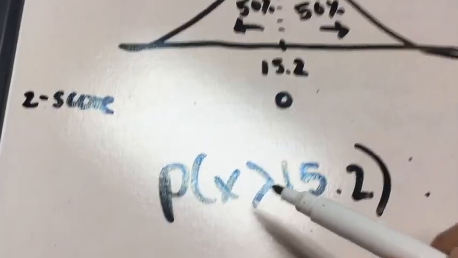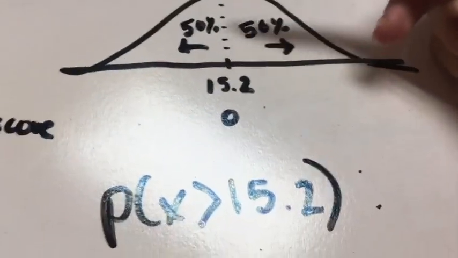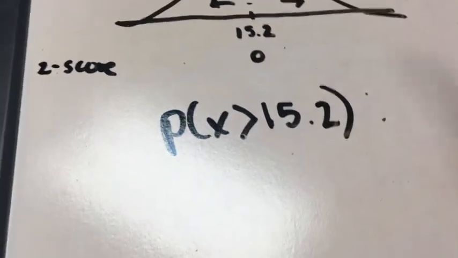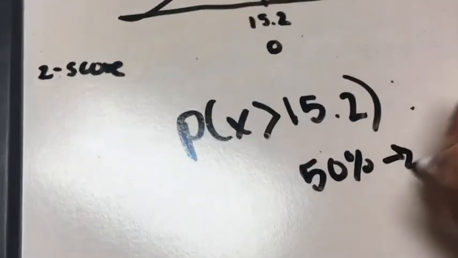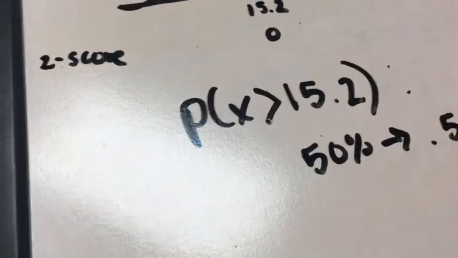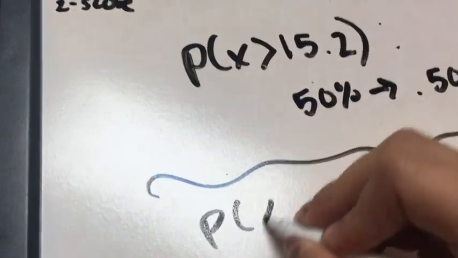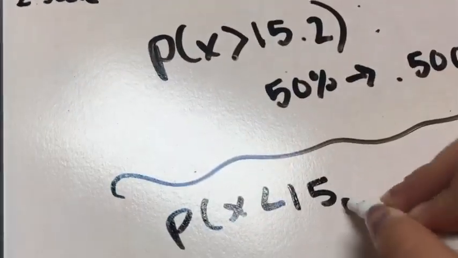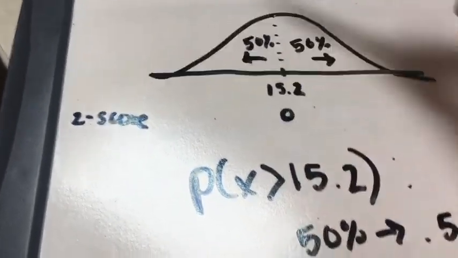So since 15.2 is what splits your data down the middle, the probability that you're going to get something greater than that is 50%. Or if you want to have that as a decimal, 0.500. The same goes if they asked you if it was less than 15.2. It would still be 50 because 15.2 splits it down the middle.